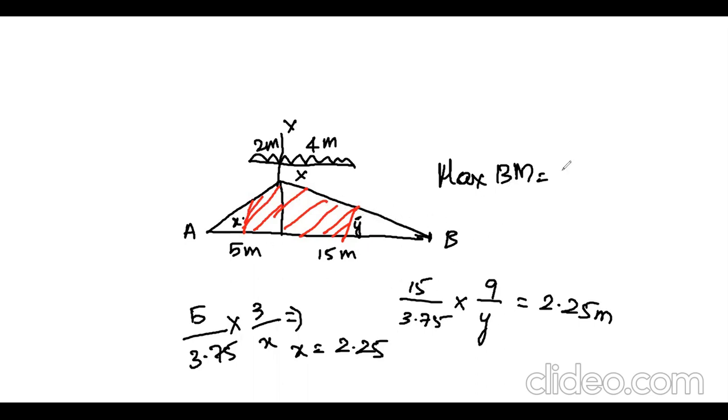Now you can find the area we considered to determine the bending moment. The load intensity is 10 into the area. Again we are going to apply the same trapezoidal rule here. So 3.75 into, sorry, wait, I will clear and rewrite again.